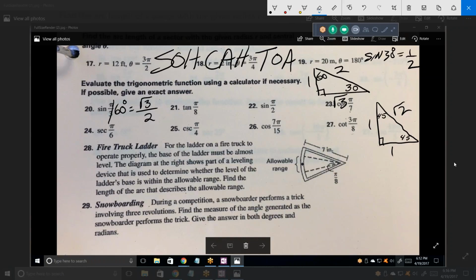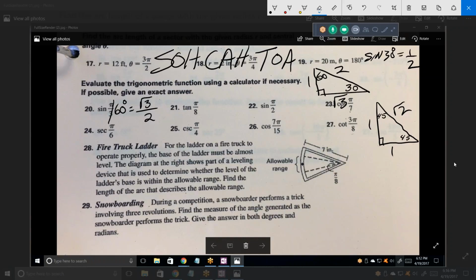Good. What's tangent of 45 degrees? 1 over 1, so 1. Good. See how valuable these 2 triangles are? These 2 triangles are going to answer all your questions about first quadrant angles.